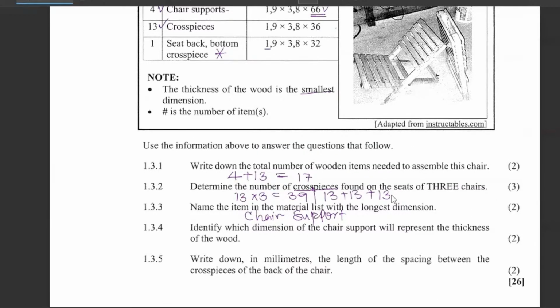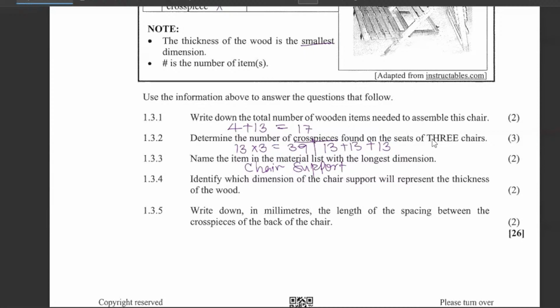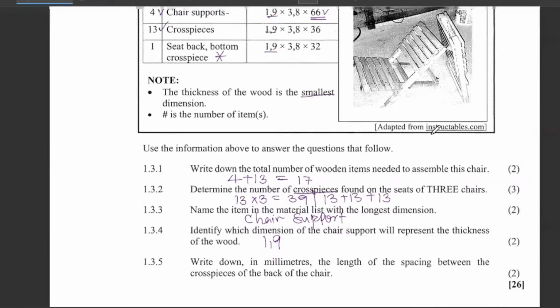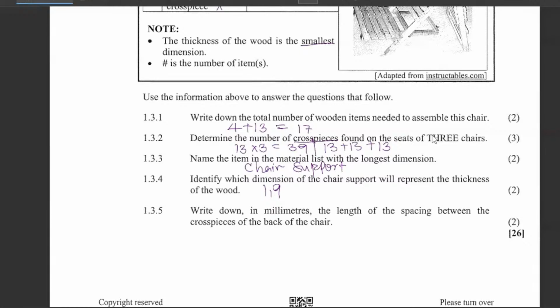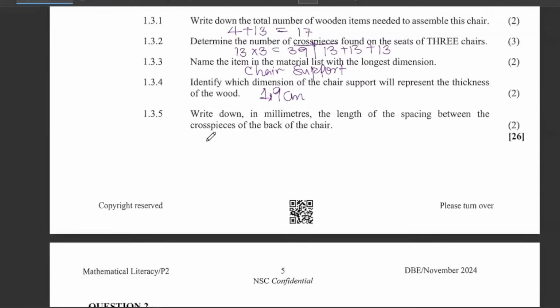Looking at all these values, the smallest is 1,9. So we shall just write 1,9 centimeters.